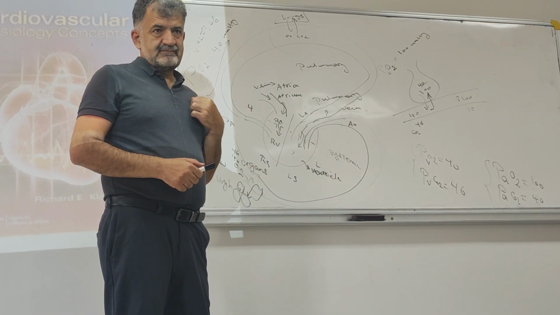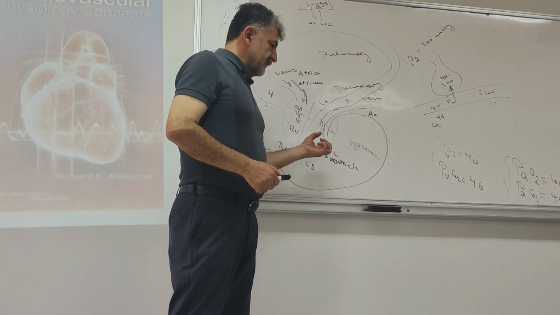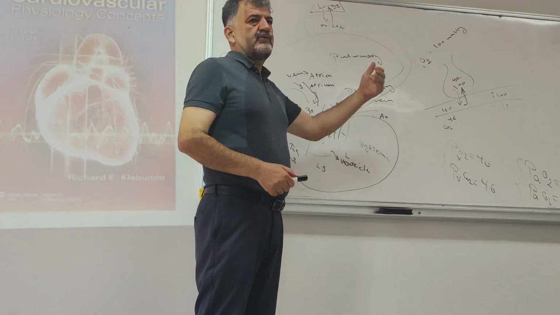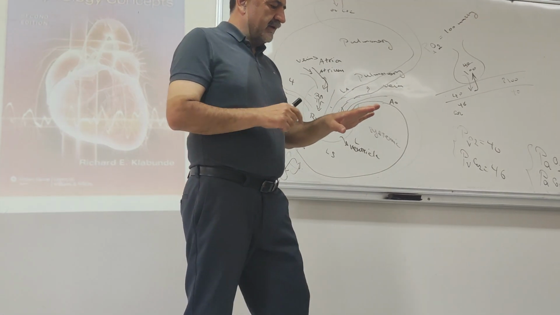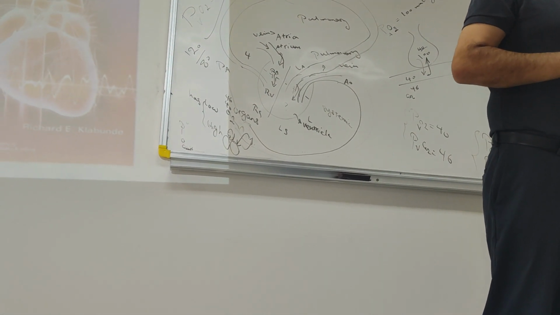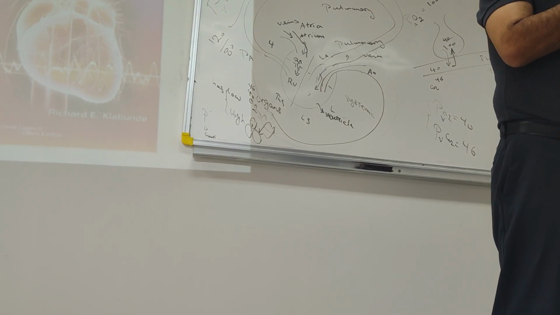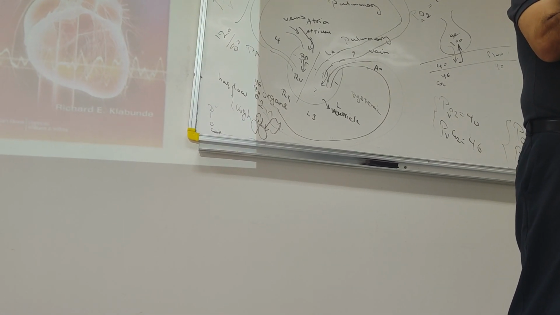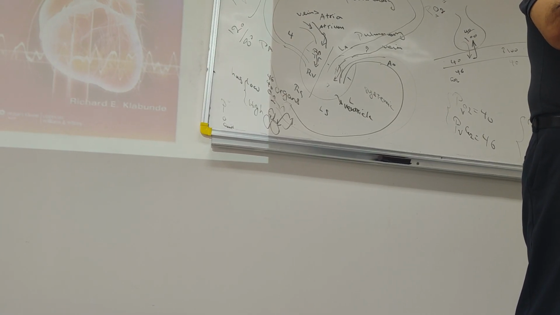My question is, now the left ventricle contracts and sends the blood to the aorta, which is the main artery of the body. Then we have various divisions. Each division goes and nourishes one organ. This one nourishes, for example, the heart. This one goes to the brain. This one goes to the kidneys.